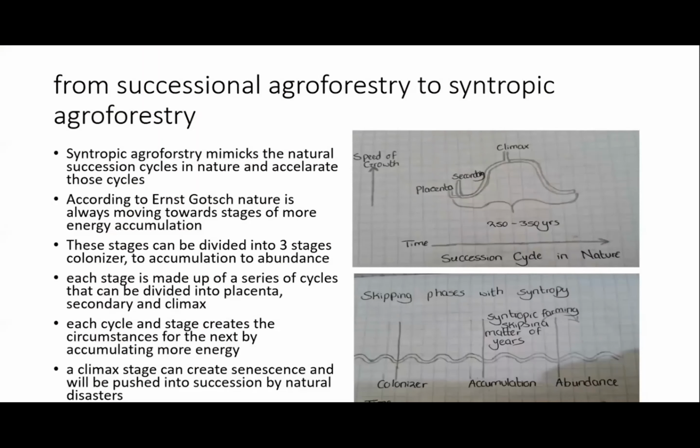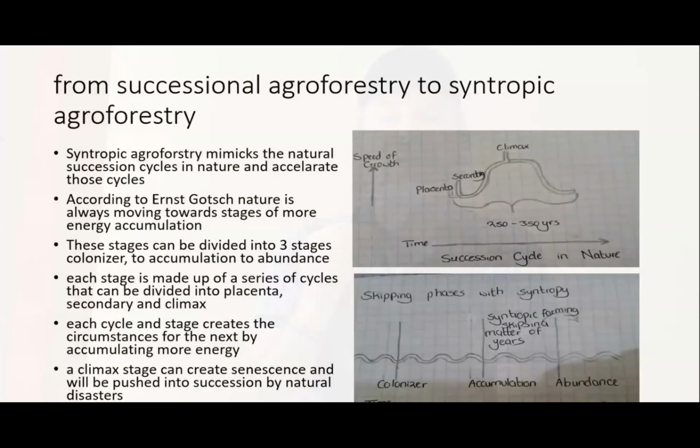So every stage prepares the way for the next stage by accumulating enough energy, and each stage is made up of a series of cycles that can be divided into placenta, secondary and climax. And each cycle and stage creates the circumstances for the next by accumulating more energy. A climax stage can create senescence and will be pushed into succession by natural disasters.